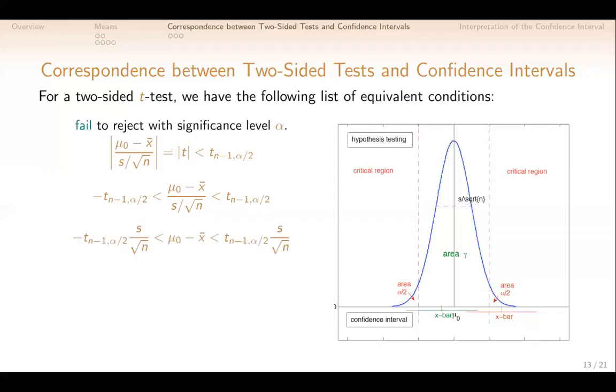So then I clear the denominator by multiplying through by s over the square root of n, and then I move the x bars over. And so failing to reject is exactly the same as mu naught being in the confidence interval. So mu naught is in the gamma equals 1 minus alpha confidence interval. So there's this relationship between confidence intervals and significance level as long as gamma and alpha add up to 1.